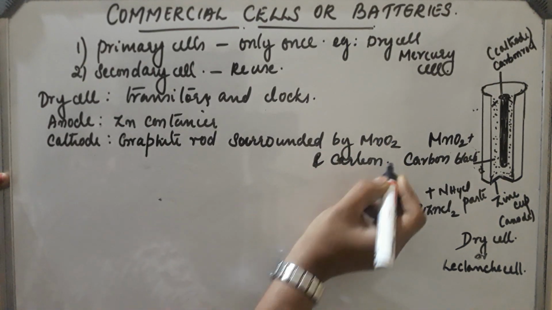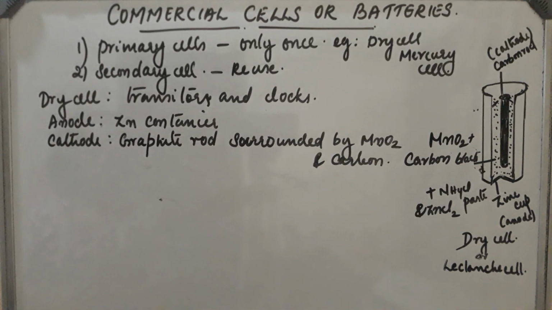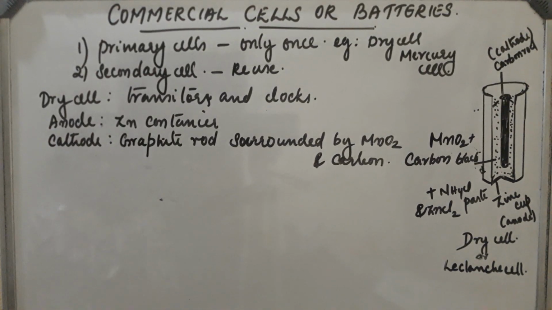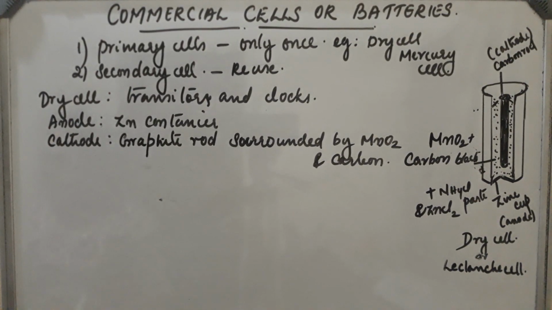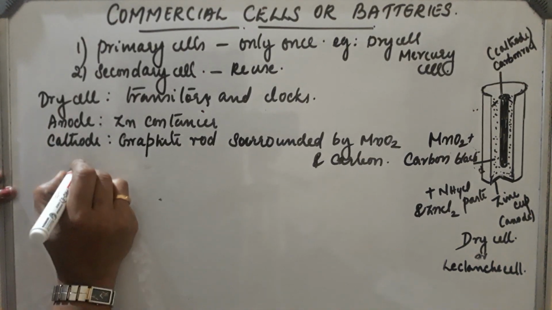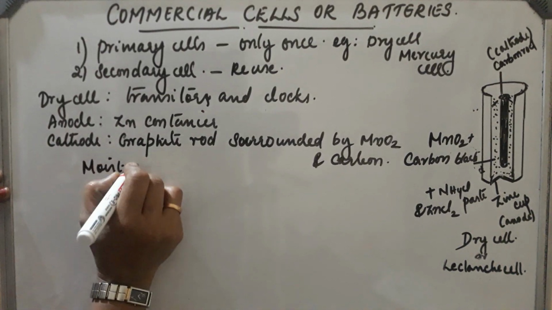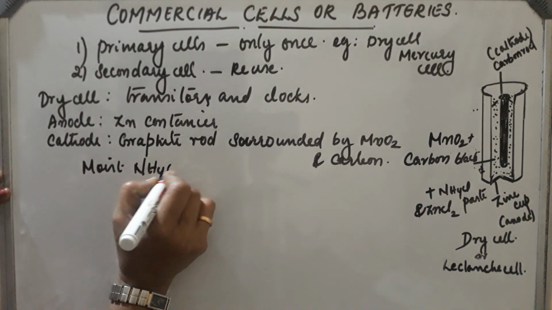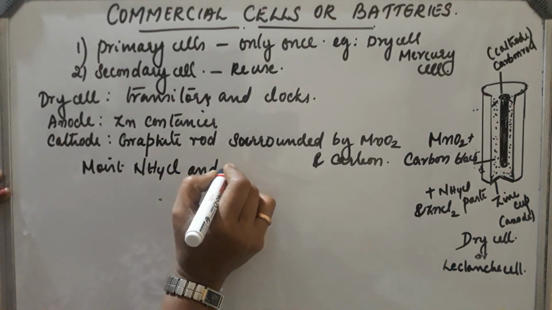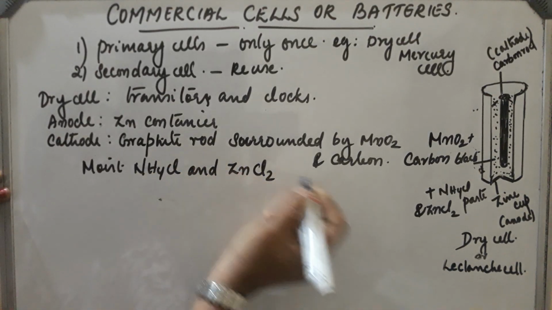These are the two electrodes present in the dry cell, and the space between these electrodes is filled by moist ammonium chloride and zinc chloride.